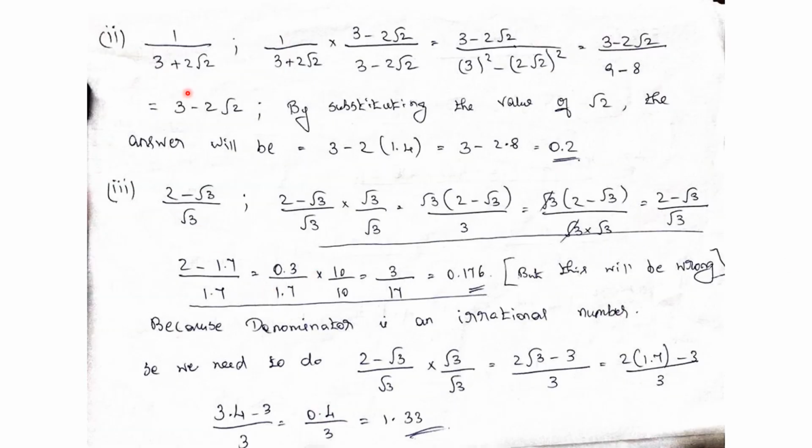Then the second sum also we need to rationalize and we should substitute the values. We'll get 0.2. Then the third sum also in the same way we need to rationalize and we have to substitute. We'll get the answer 0.176.